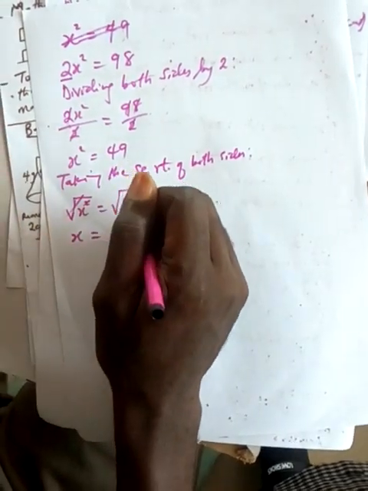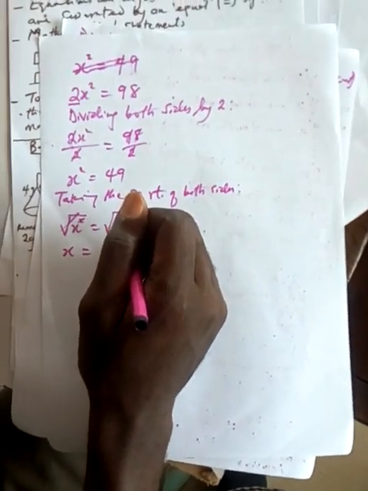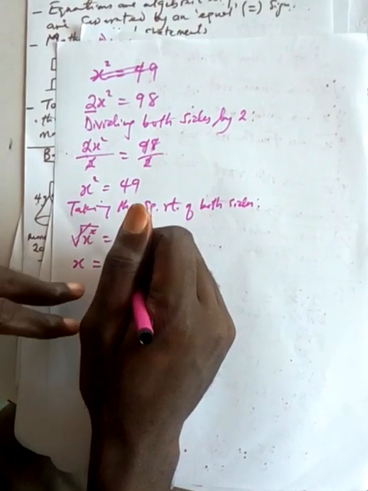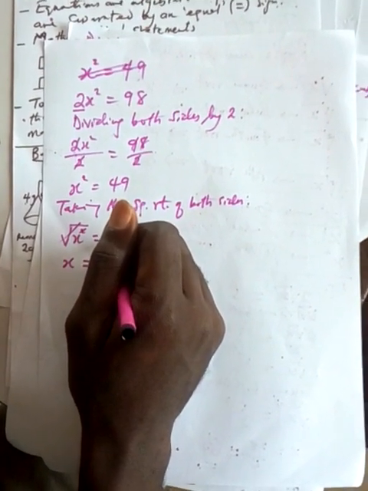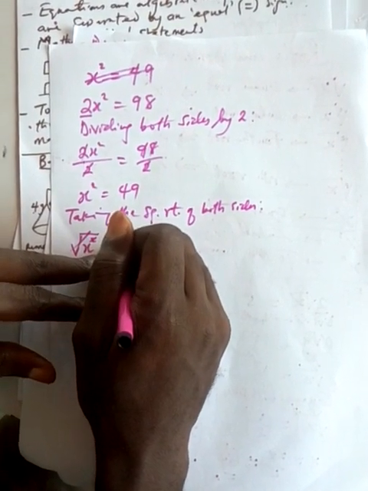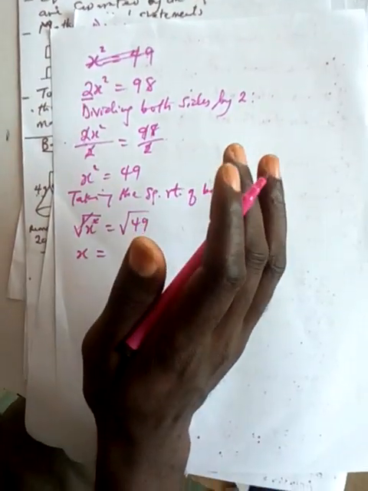X is square root of 49. Square root of 49 is 7. But there's a twist to it.